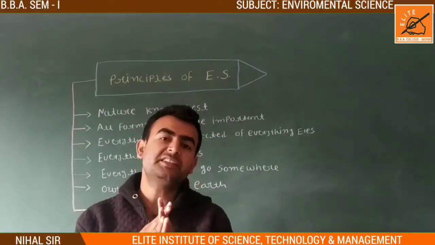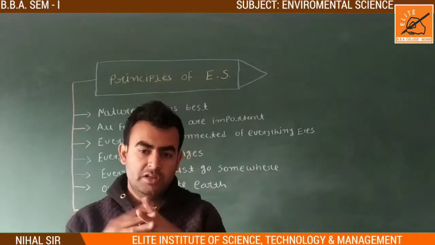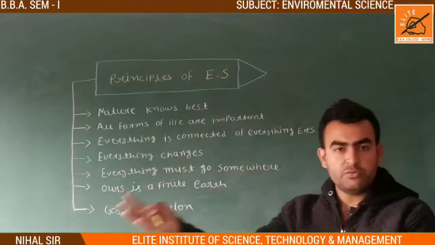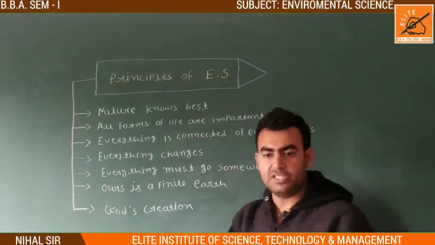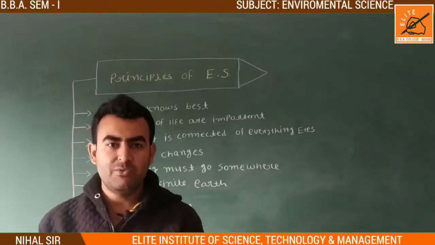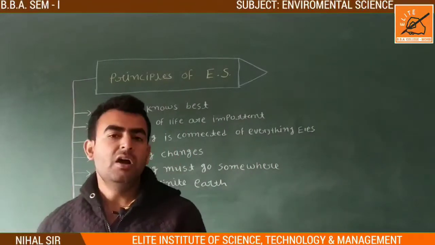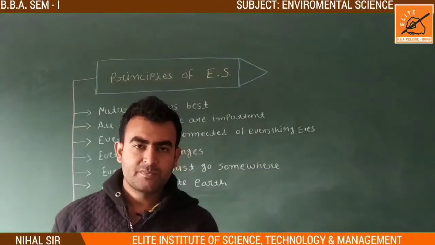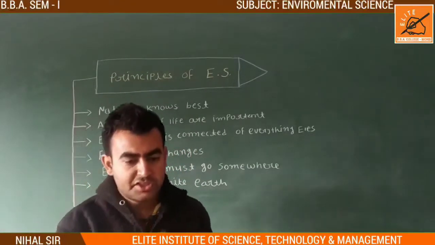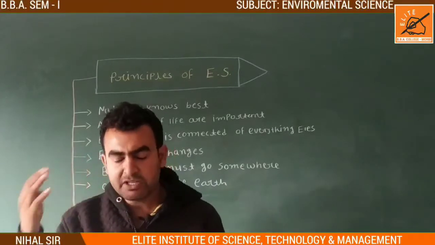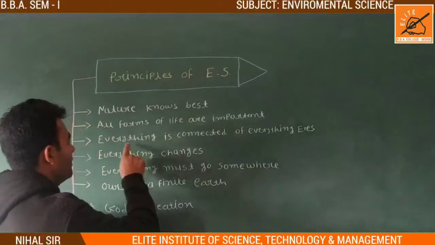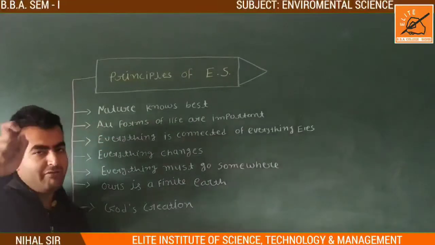All are connected. Not only for the human, but it is connected for any other thing. We can say the animal, the tree, if we do not discharge wastage, how can the tree take nutrition? So all the things on the earth, living organisms and non-living organisms, are connected with each other. So everything is connected to everything else.